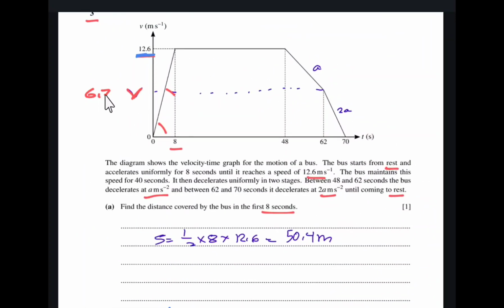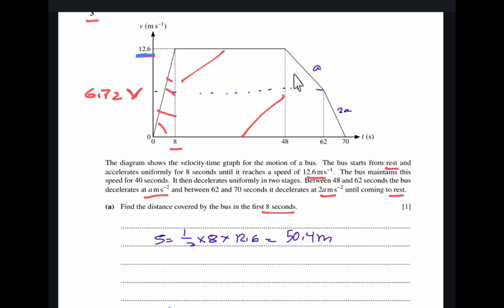Then to find the area under the graph, first the area of the triangle, that is half into base into height. Then the area of the rectangle, that is base into height.